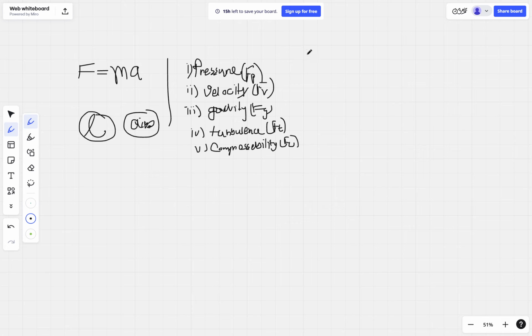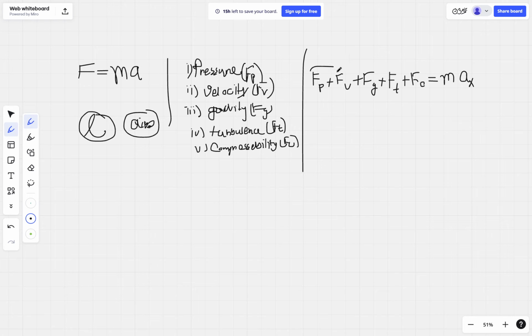If we use the equation form to showcase this, then it will be F of P, force due to pressure, plus F of V, force due to velocity, plus F of G, force due to gravitational force, plus the force built up from turbulence, and finally the force due to compressibility, equal to the mass of the fluid times the acceleration of the fluid.